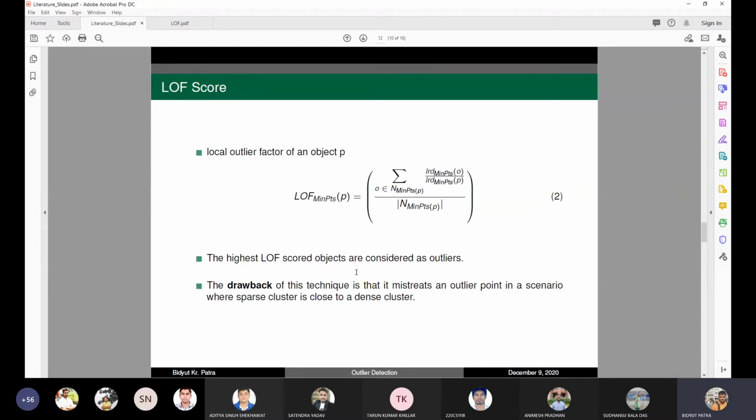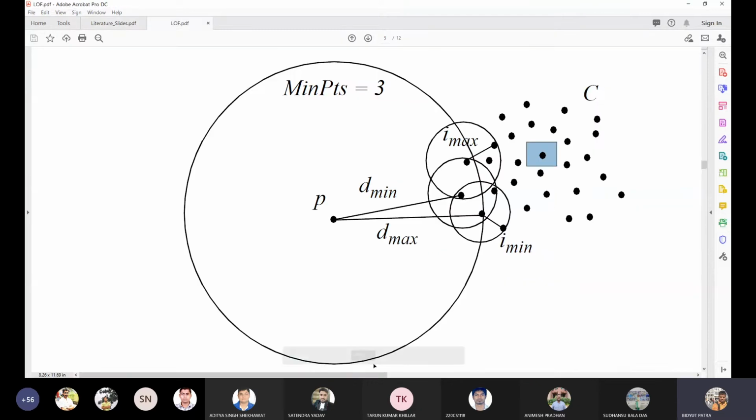The object with the highest LOF score is considered an outlier. As you understand in the last example, now I am talking about the LOF paper, page number 5. The point is quite far away. For this point the density will be quite low because the reach distance is high and then it is 1 by that. So if you take the average local reachability density of these neighbor points, it will be higher than that of this point.